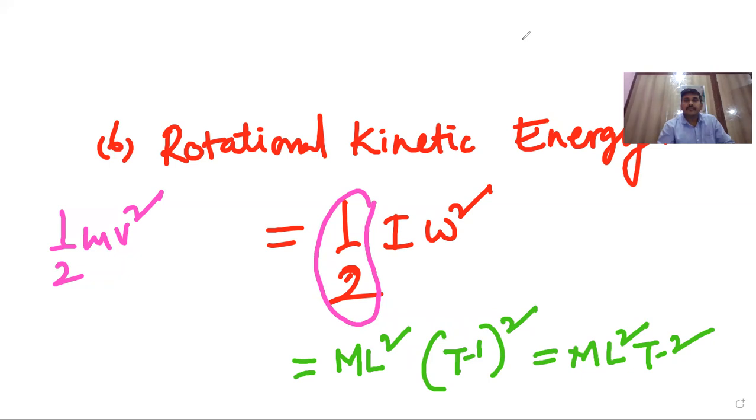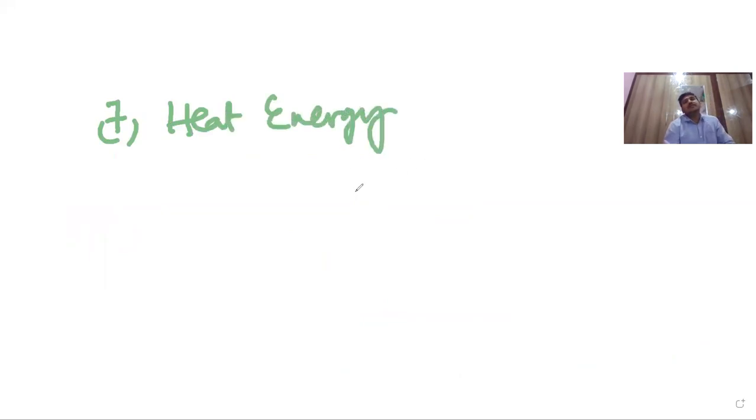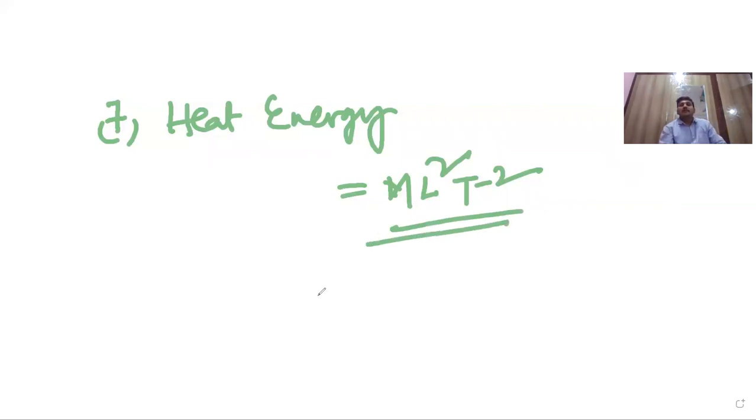Coming to the seventh parameter, we would like to take up the heat energy. Heat energy is also having the same dimension formula, ML square T minus 2. So all those parameters which I have explained here are having the same dimension formula of energy.